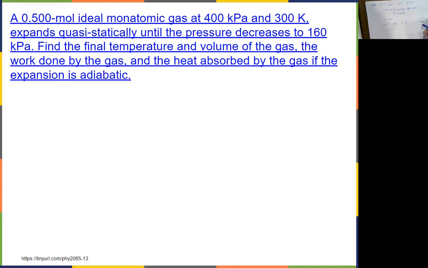Not all of the information is directly given, but for a monatomic ideal gas, Cv is 3/2 nR and Cp is 5/2 nR, so you can figure out that gamma is 5/3 for a monatomic gas.